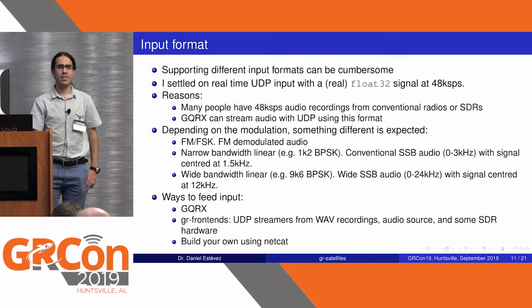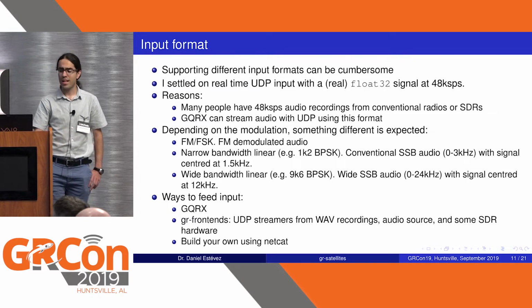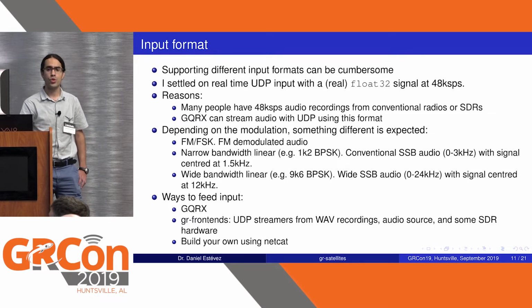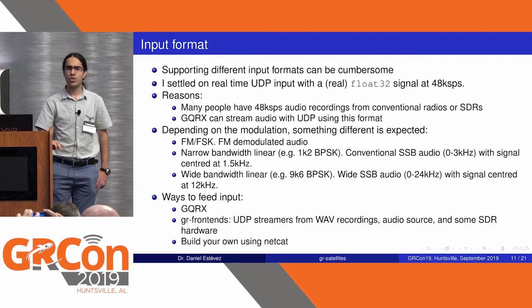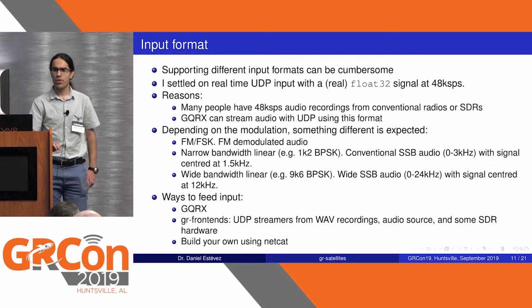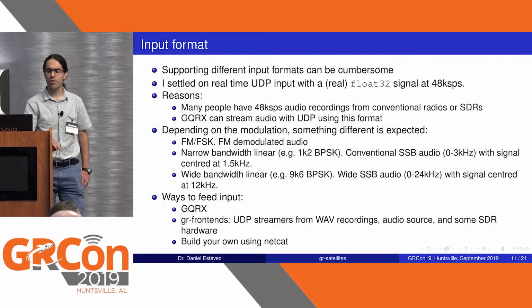About the input format, anyone who has the need to support different formats for radio stuff can know that this can get really cumbersome, because there are different sample rates, different sampling formats, IQ, real data, and so on. So to keep things simple, I decided to settle on one single format for the input for almost all of the flow graphs, and this is real-time UDP input using a real signal.